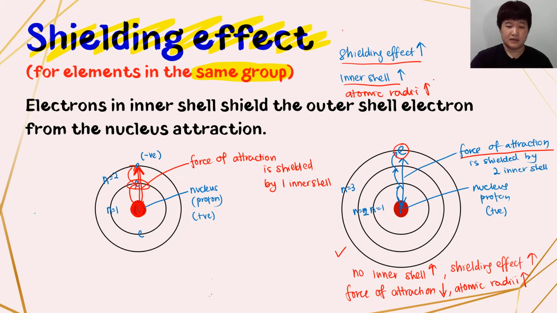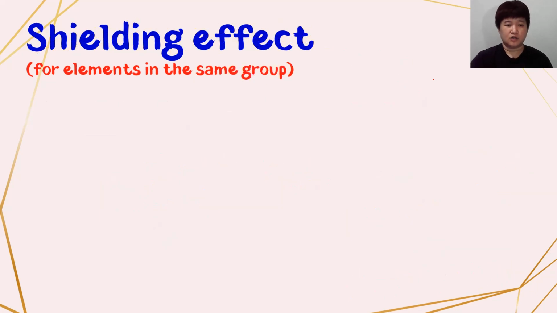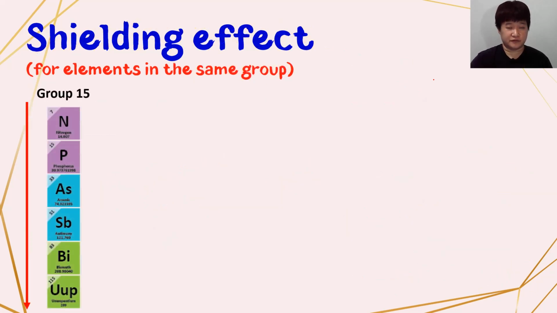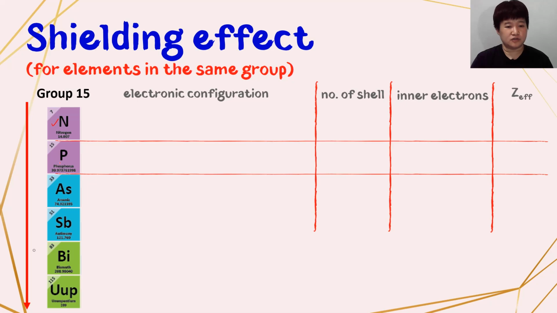Simple? Let's look into some examples. When I go down group 15, I have nitrogen, phosphorus, arsenic, and so on. Let's look into the electronic configuration of nitrogen, as given. And from here, we know that 2s2 2p3 is your valence electron.